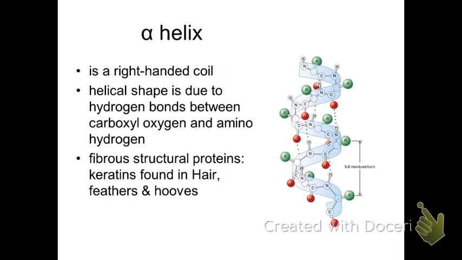Alpha helices are very common secondary structures in proteins. You need to know some common characteristics about alpha helices and some examples of proteins that contain them, which are listed on this slide.